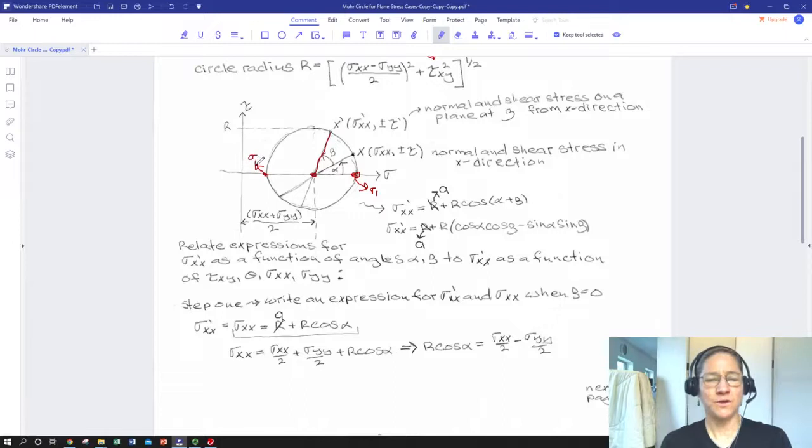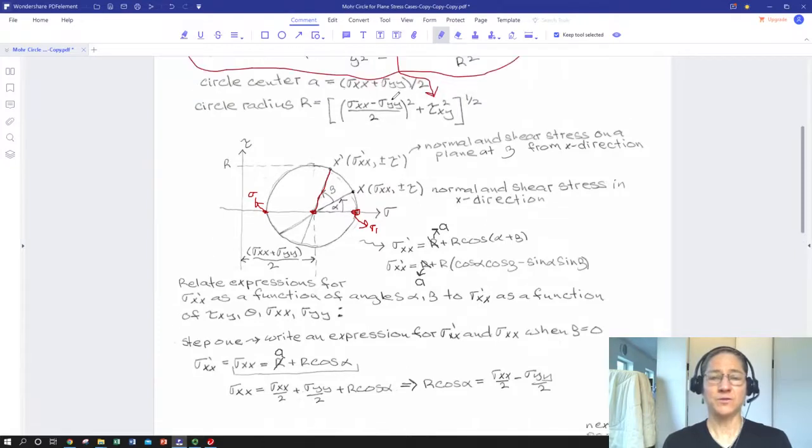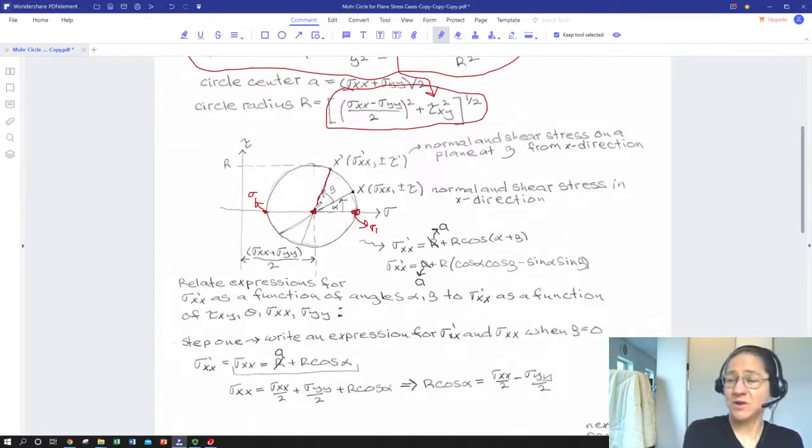And we just read that off the x-axis. So we can actually determine those right now. We can determine the magnitudes and signs of our principal normal stresses the minute we plot our Mohr circle. So we would take the circle center, the sigma xx plus sigma yy over 2, and then add our expression for r, and we would have our first principal stress, and likewise subtract r from A, and we'd have our second principal stress.